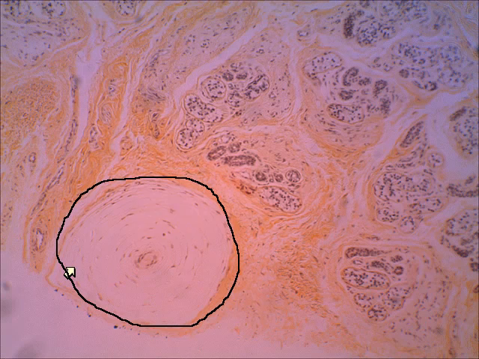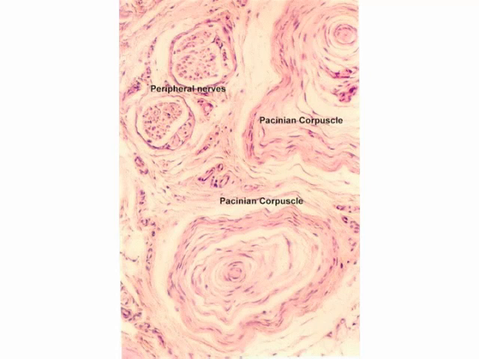You don't feel it pushing against the wall of the stomach. You don't feel the touch of it because you don't have Meissner's corpuscles there. However, if you have a lot of food in the stomach, or if you have a lot of gas build up in the stomach or in the intestines, you feel the pressure because of the presence of Pacinian corpuscles. All right, let's look at some other slides of Pacinian corpuscles.